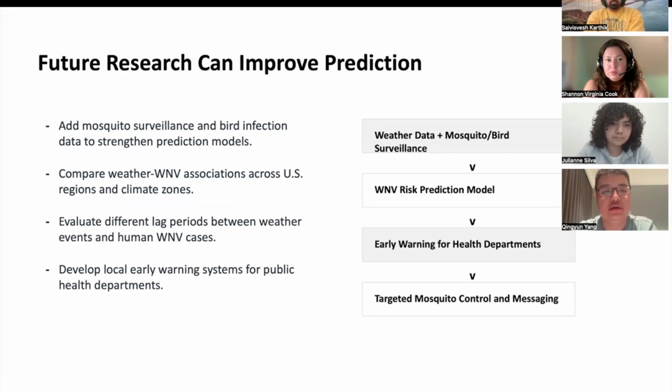Future research could add mosquito and bird surveillance data. It could also compare different US regions because weather and mosquito patterns vary by location. This finding may help create an early warning system for local public health departments.